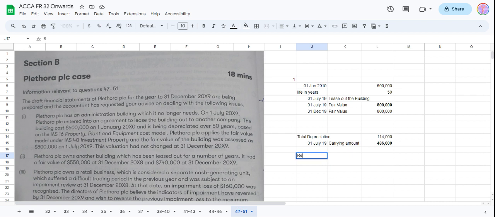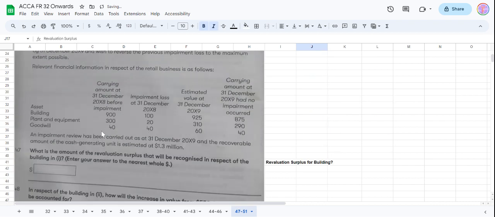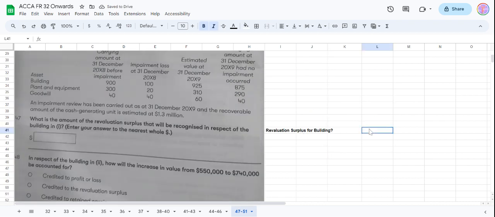So how much will be our revaluation surplus? 800,000, which is the fair value on the date this building is transferred to investment property, and we will deduct this carrying amount. So 314, which is the balancing figure here, will go as a revaluation surplus. So our answer will be 314,000.